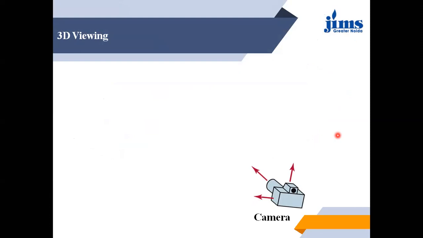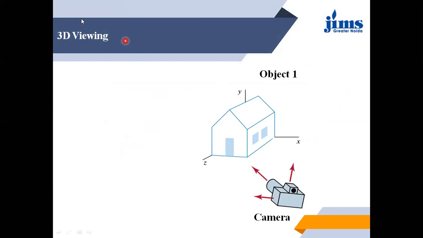For example, this is an object. When I want to see this object using a camera, then it will look like this, where it has three dimensions, that is X, Y, and Z. There are three dimensions when we look at a real object using a camera or our eyes.